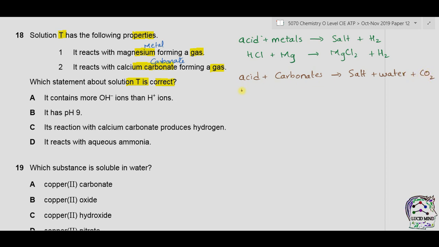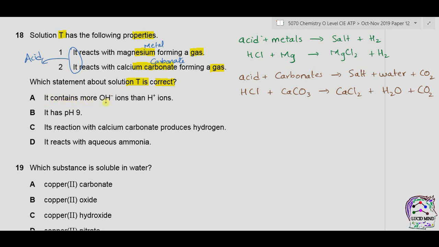For example, HCl can react with calcium carbonate to form calcium chloride, which is salt, H2O, and CO2 gas is released. So we can say that acid reacts in both these chemical reactions. So which statement about solution T, which is acid, is correct?